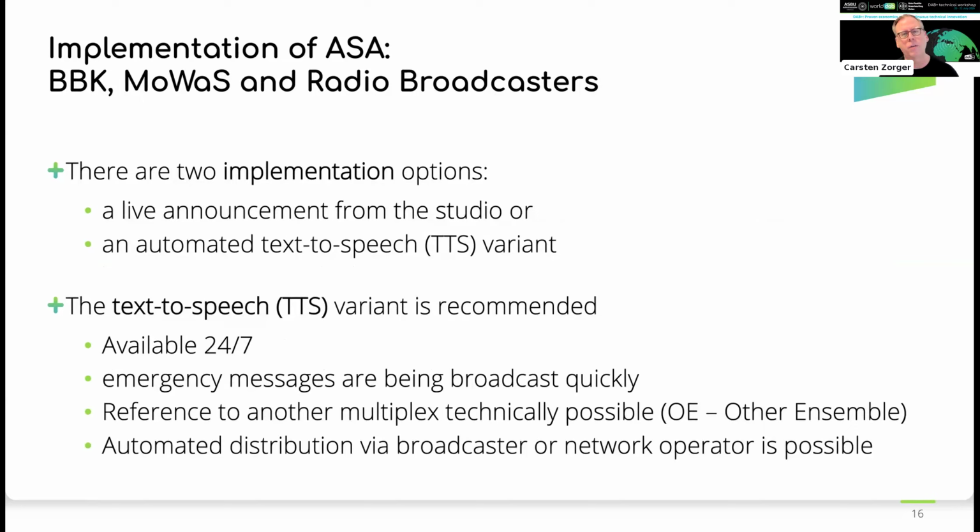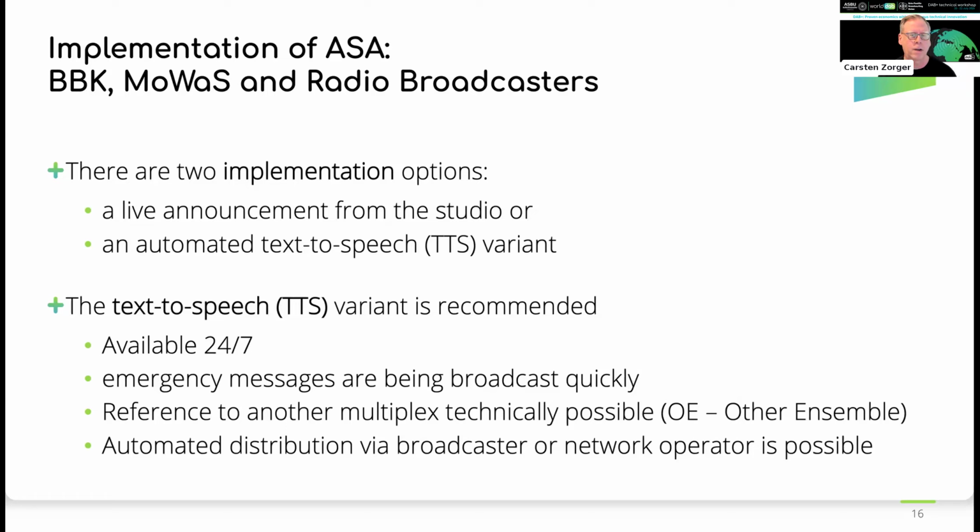Once you do MOVAS via radio, you have 2 choices. You can do a live announcement from the studio with a host or speaker, just as with FM, or you can choose to do an automated text-to-speech variation. We chose text-to-speech in Germany, which I think is the best choice. For example, it is available 24/7.